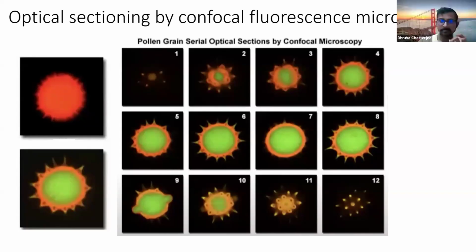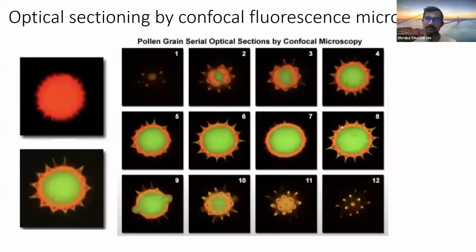Every biological sample is three-dimensional, right? We see 2D images, but biological samples are three-dimensional. In this pollen grain, there are some specific proteins which are expressed only by the core part, and then there is this spiny outer part.